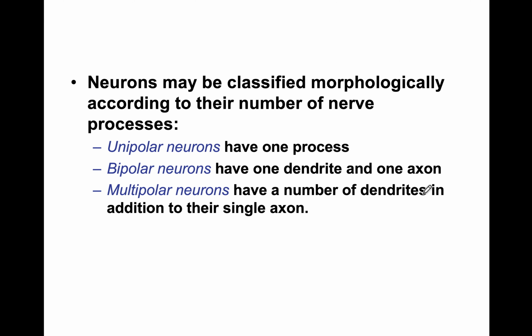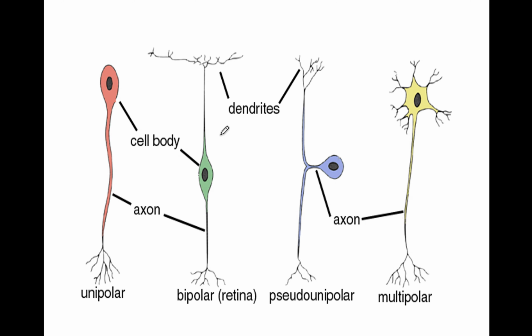Usually the neurons are classified depending on their morphology. If they have one process, one dendrite and one axon, we call them bipolar. If they have one axon and multiple dendrites, then we call them multipolar.